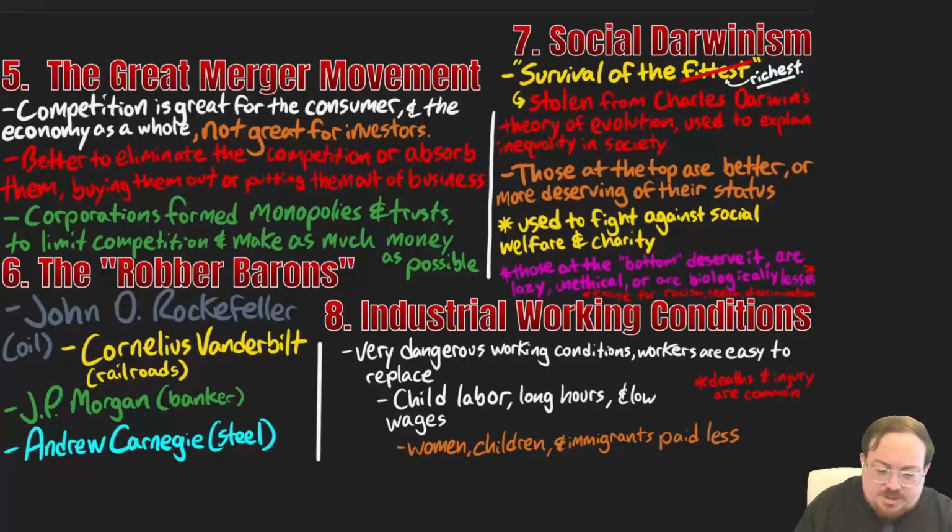The idea being that in actuality, if you are at the top of society, if you are successful, then that is because you deserve it, because you are better than anyone else. And so we're taking this idea that Charles Darwin observed in the wild and trying to apply it to our artificial human society.